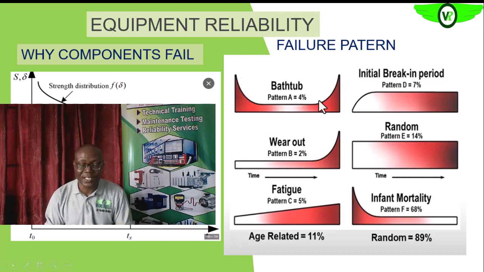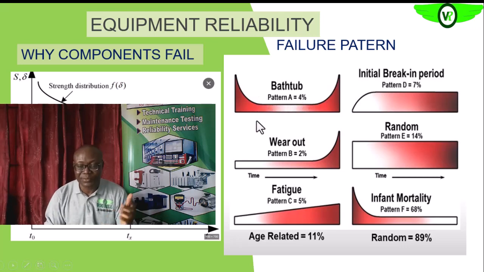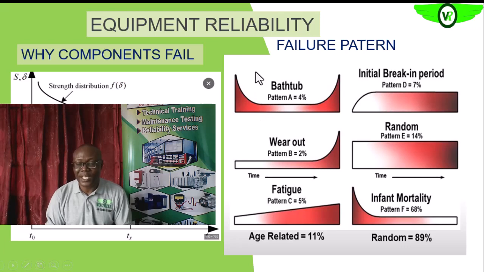We have the infant mortality, as we'll see later, and the reasons why we usually have components or equipment failing during the infant stage. We'll also see that later. Then any failure around this area is random, during the normal operational life of that equipment. Then we have this area that is age related.